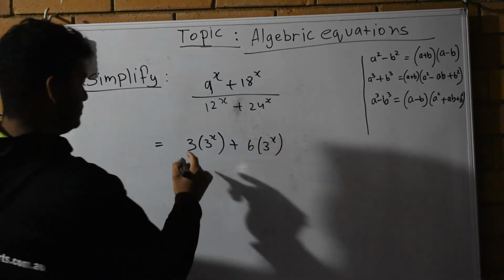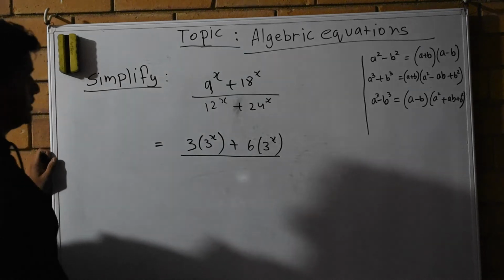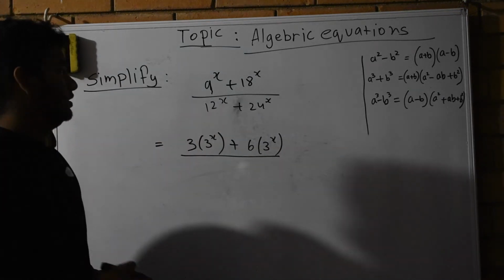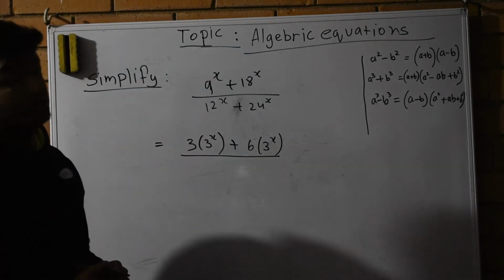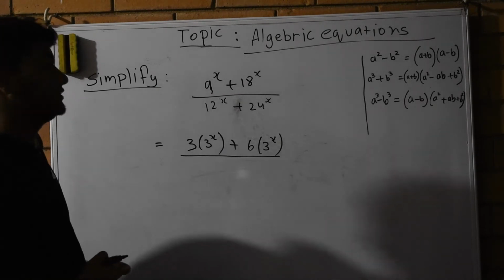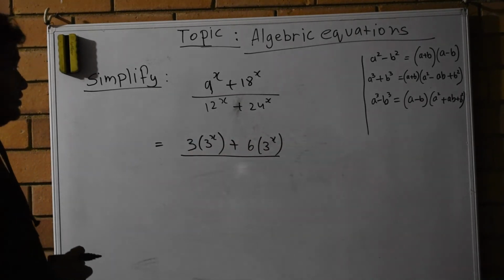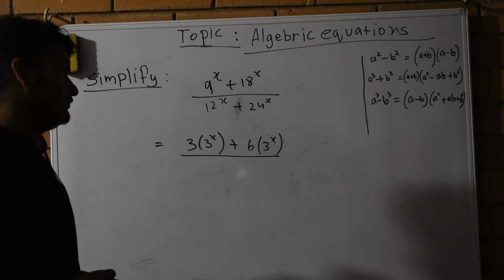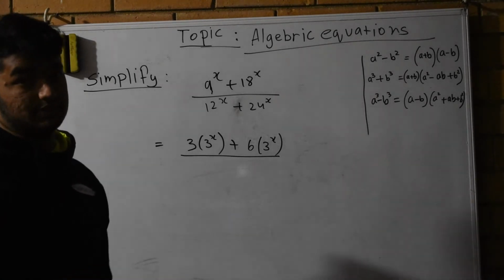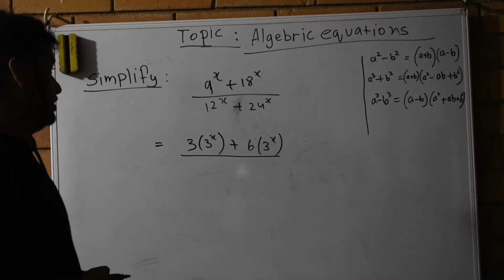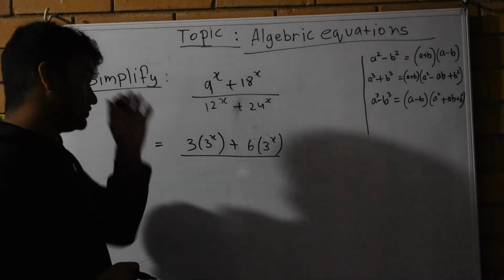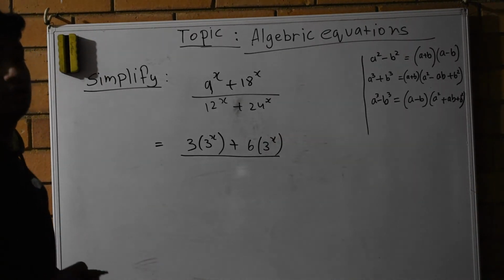Then 12 and 24 are a little tricky now, because you might have to use 4 in this case. Otherwise 3 is going to cancel out, and we won't get a proper solution.